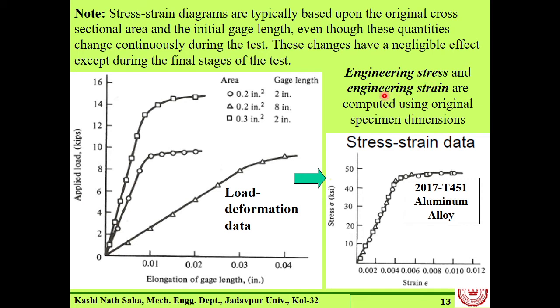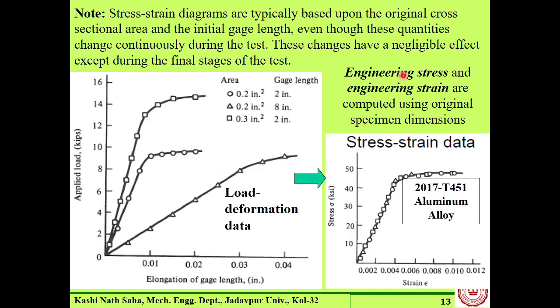This is what we ordinarily use, and in our undergraduate studies we also deal with stress strain diagrams. So this implies an engineering stress strain diagram based on the gauge length and cross-sectional area of the initial, original specimen.